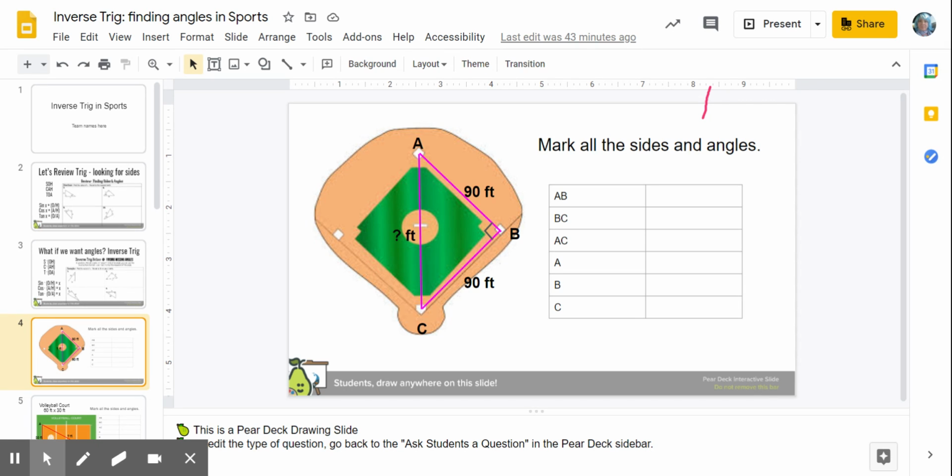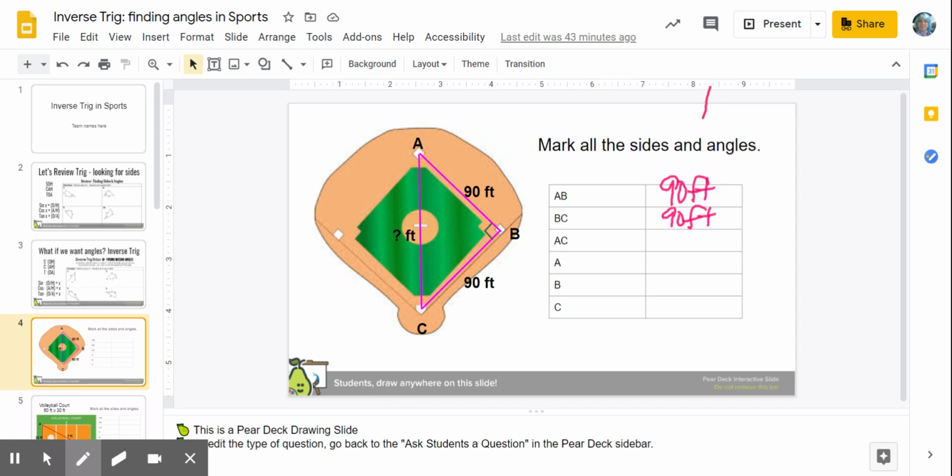We'll do the first couple together just to make sure we understand what we're doing. What can I already fill in that's given to me? Side AB is 90 feet, so you can definitely type in or write in 90 feet. And side BC, also 90 feet.